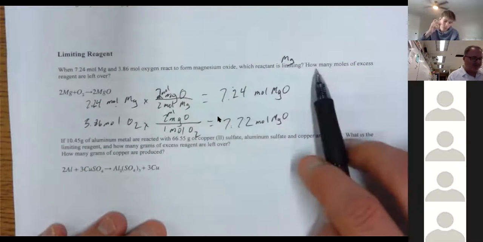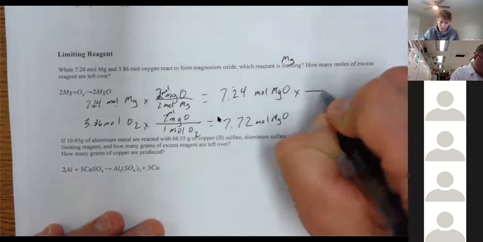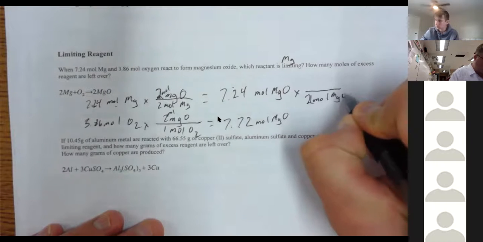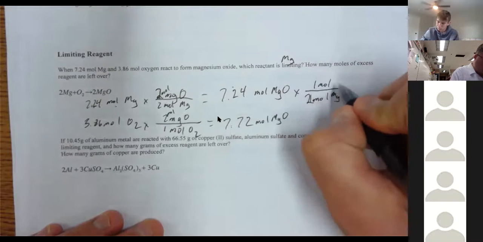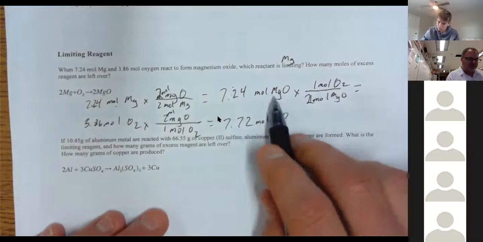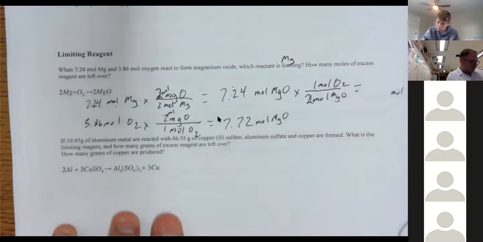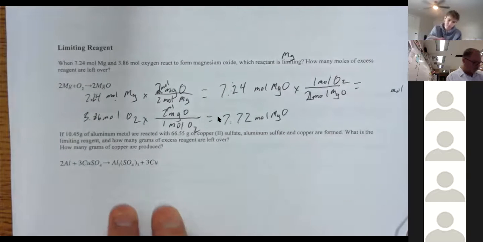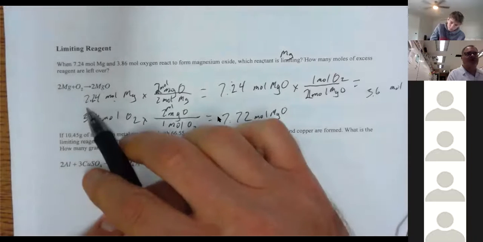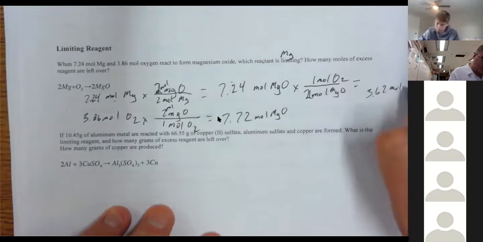So then it says how many moles of excess reagent are left over. Well, every 2 moles of magnesium oxide requires 1 mole of O2. So if we make 7.24 moles of magnesium oxide, this would tell us how many moles of O2 it would require. 7.24 divided by 2 is 3.62. So we need 7.24 moles of magnesium and 3.62 moles of O2.